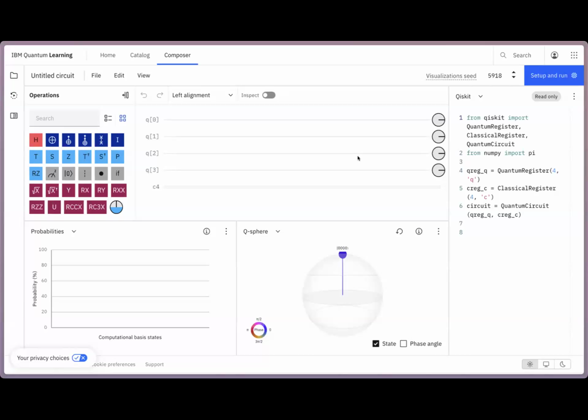That should ideally give you the result. You can work with the drag and drop circuit builder just for now. You can see the Qiskit code on the right for you to review from last time on how you write Qiskit. And you should see the probabilities on the bottom left. They should be equal or roughly equal.